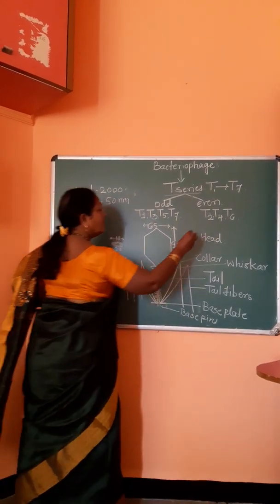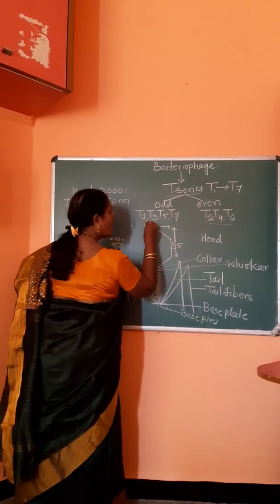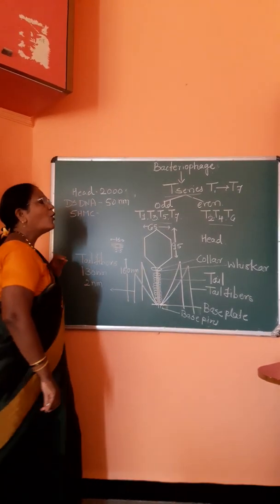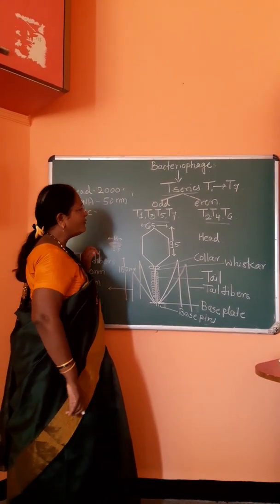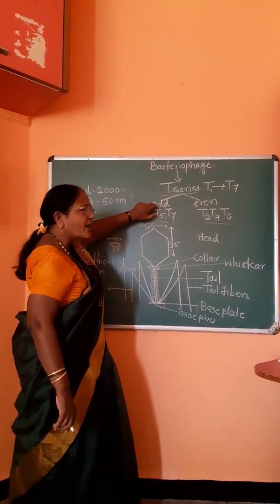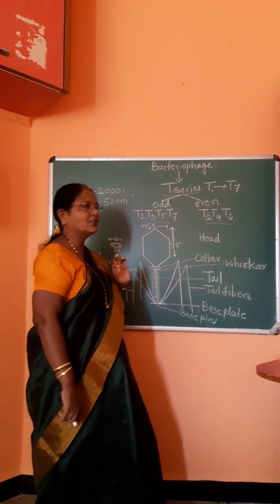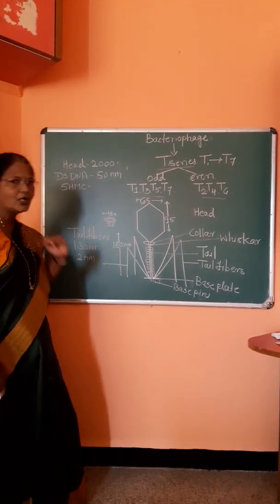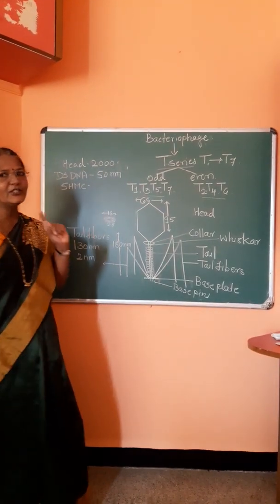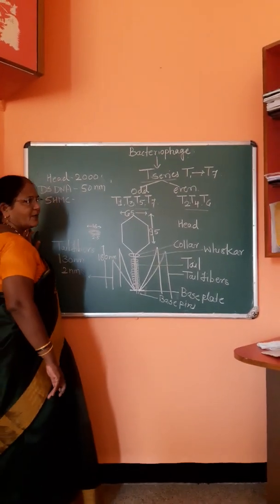That means 3 members are present in the even group and 4 members in the odd group. Is there a difference between the T odd and T even bacteriophage? Yes, there are differences in their morphological structure and in the genetic material.